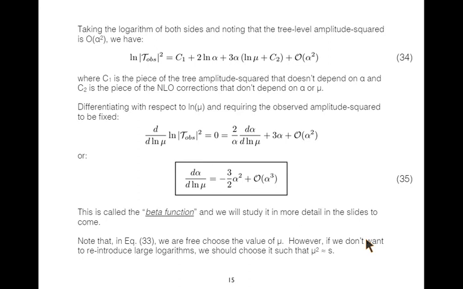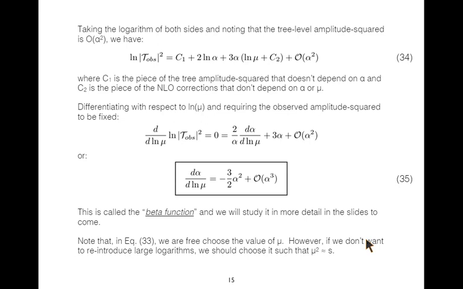So we worked through taking that observable, the cross section if you will, t squared, and went through a little trick and found how the coupling alpha depended on the scale mu, right? So we took a derivative with respect to the natural log of mu.